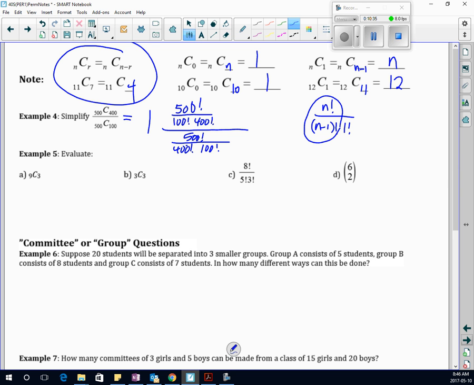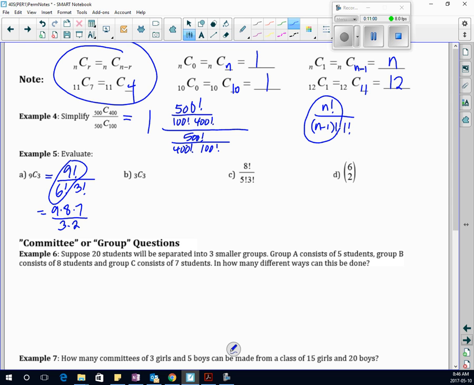Okay, 9C3, what would that be? Well, that would be 9 factorial divided by 6 factorial 3 factorial. So let's simplify that. What would that be? 9 times 8 times 7, and then the 6, 5, 4, 3, 2, 1 would cancel. And then I'm left with 3 times 2.